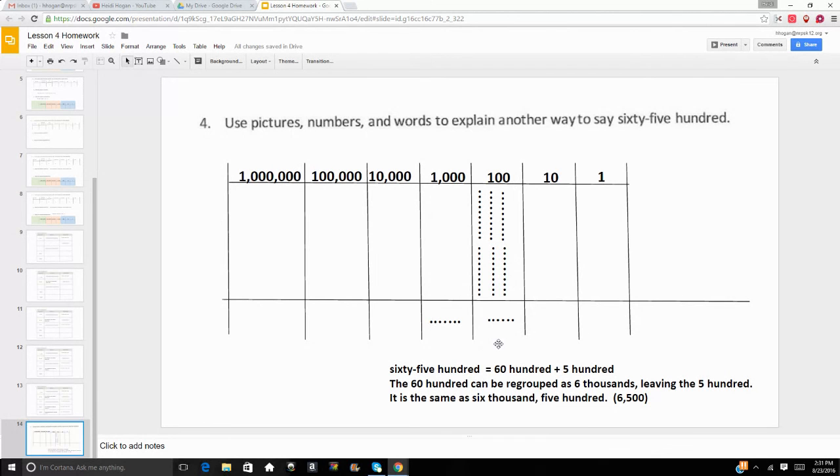So 6,500. So it's 600, 600, and then 500, which would give us 6,000s, 500s. So it's the same as 6,500.